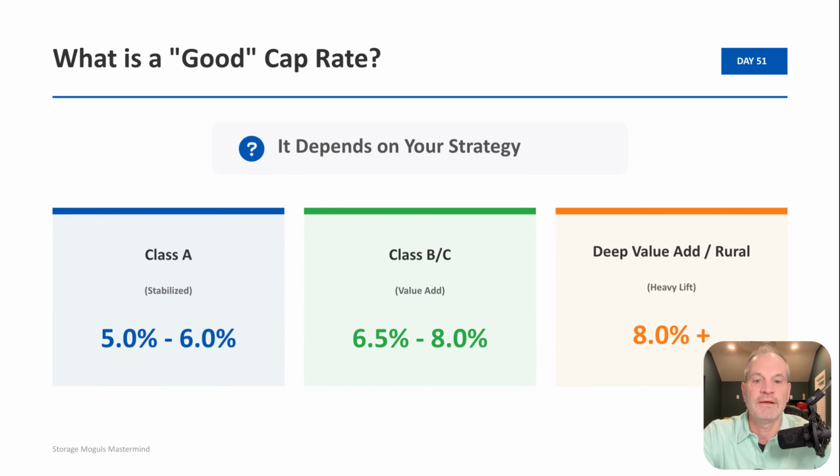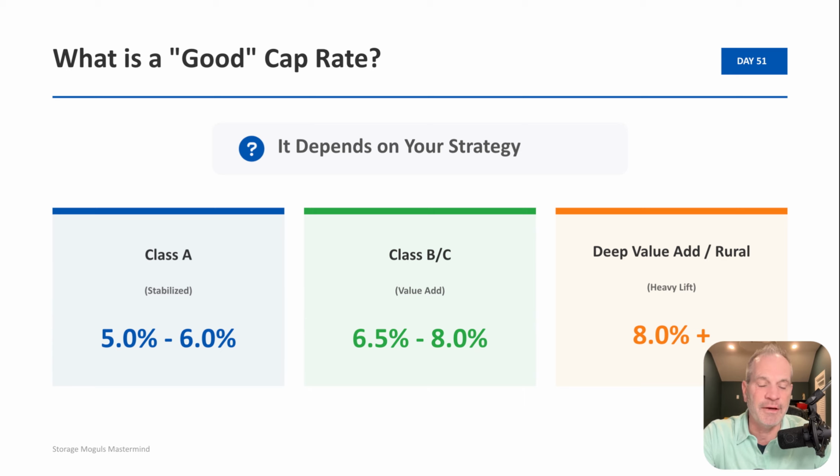Well, what makes a good cap rate really depends on your investment strategy. So Class A, stabilized properties, you might see cap rates between 5 and 6%, because it's signifying lower risk, right? Class A property, probably built in a good area, maybe brand new. Class B or C properties, maybe not so much, often considered value add opportunities.